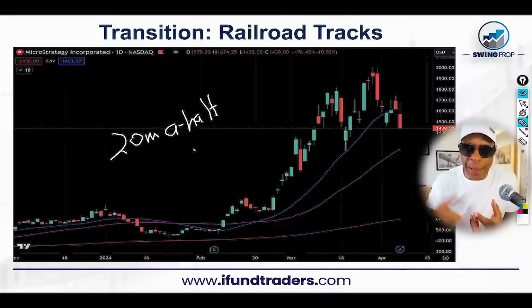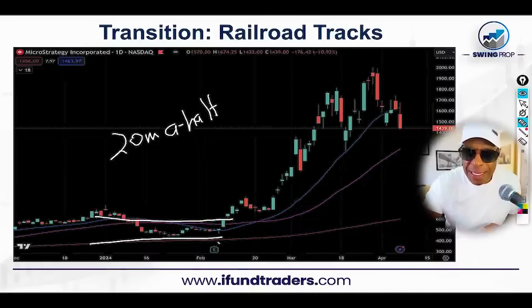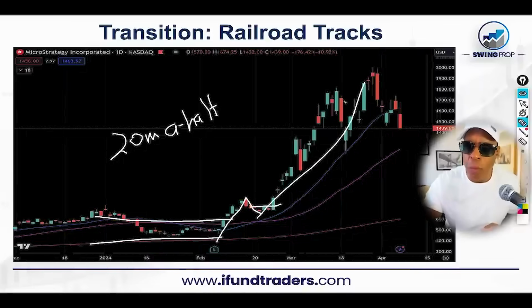The 20 MA halt is an amazing start to enduring runs. They emerge out of a sleepy state, pull back, do not break the 20, give you a color change, and boom, you are off to the races, my friend. The 20 MA halt.